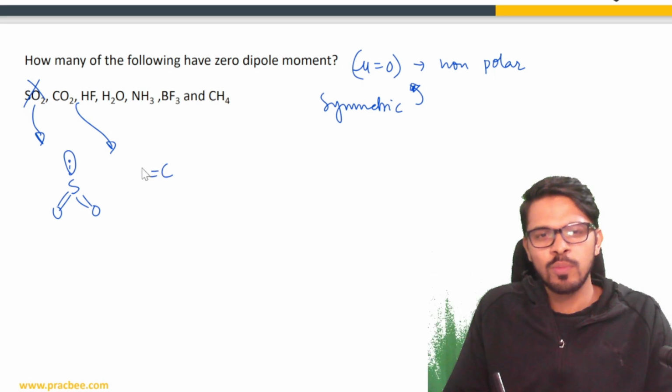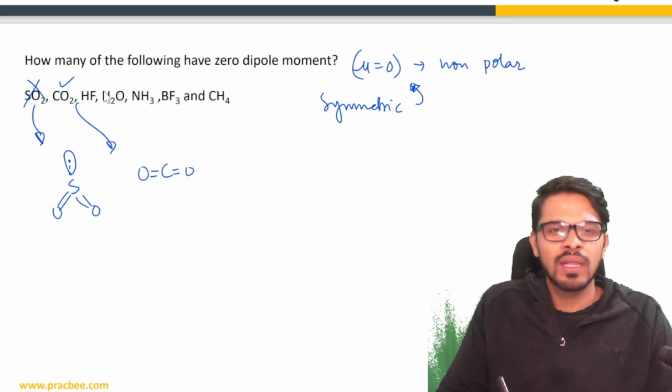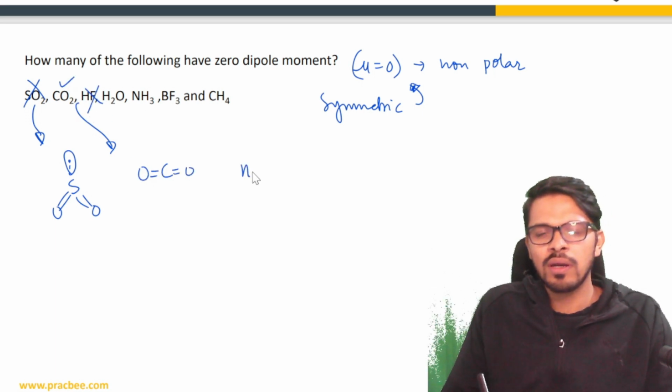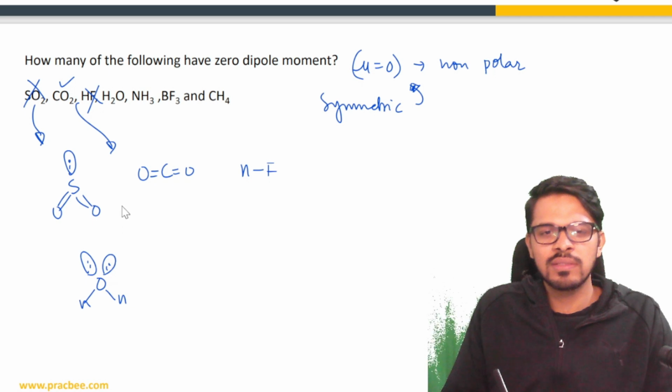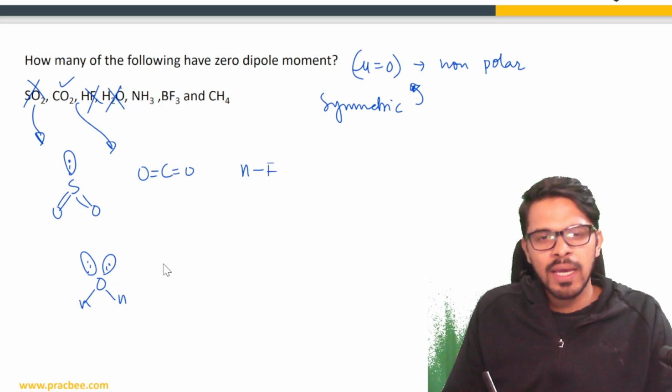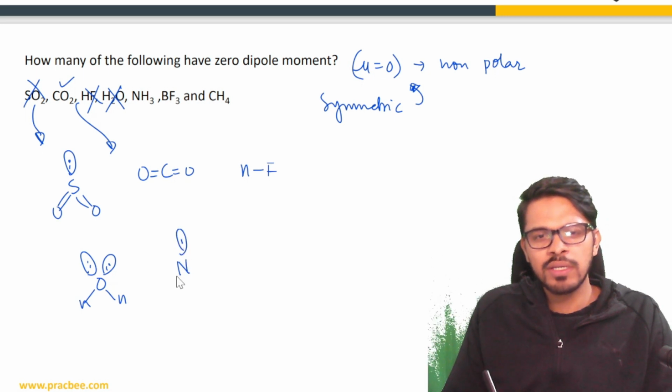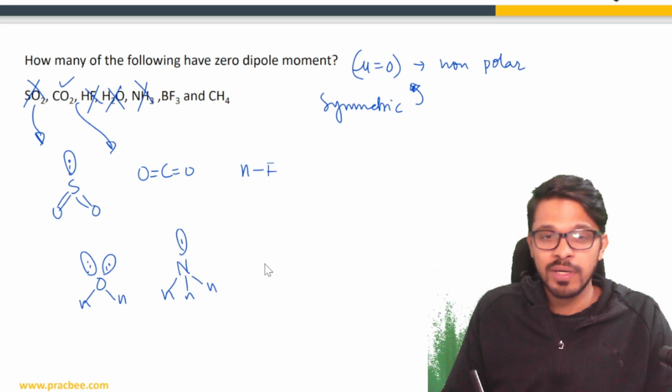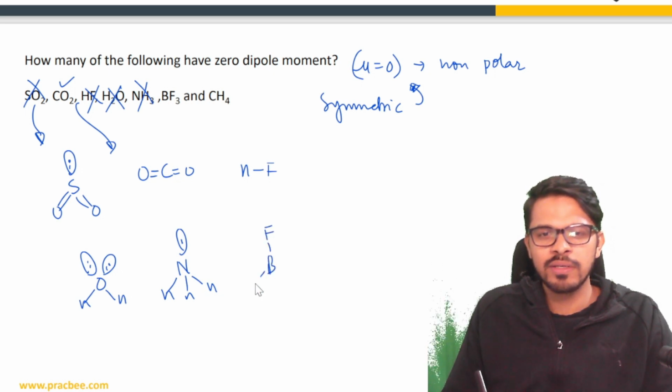CO2 is non-polar, we know that. HF is again non-polar. H2O is like this. It is also polar. NH3, if we talk about, NH3 is polar again. It is not perfectly symmetric. BF3 is perfectly symmetric.